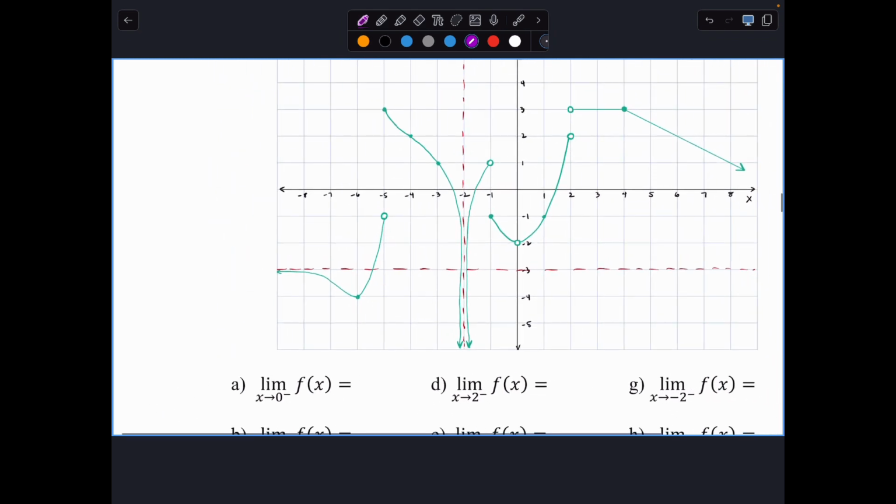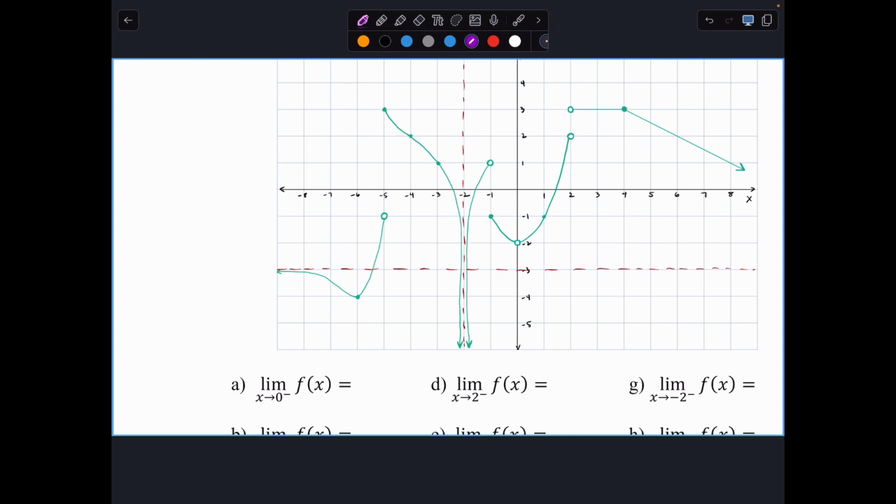We don't care what's happening way over here to the left of x equals 0. There's a lot of stuff happening, right? What we're talking about is as x approaches 0, very much in the neighborhood of 0.